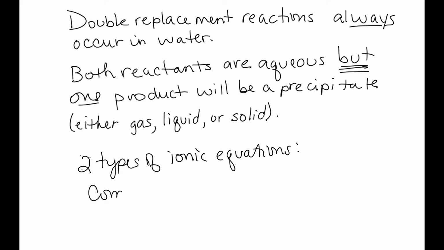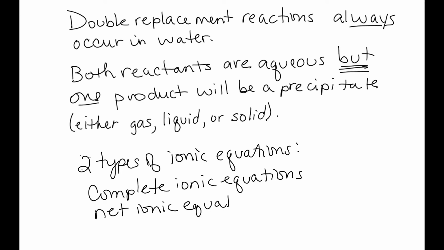There's the complete ionic equation. Now this one shows all of the ions that are involved. Okay? Shows all of the ions that you put in. So it shows the ions of the reactants and the ions of all the products. But you really don't need that, okay? We're going to look at the net ionic equation.